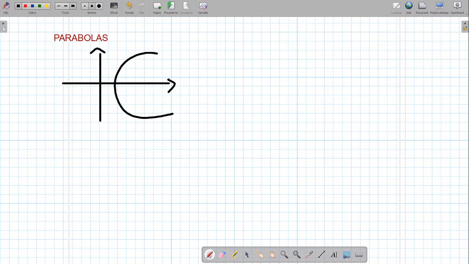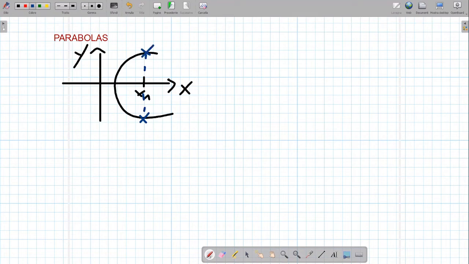It is not a function because we have defined a function as a relationship that has only one y in correspondence to the x. Instead, if we look at such a graph, we can see that if we take one x here, let's call it x1, in correspondence to x1, we will find two different values for y.